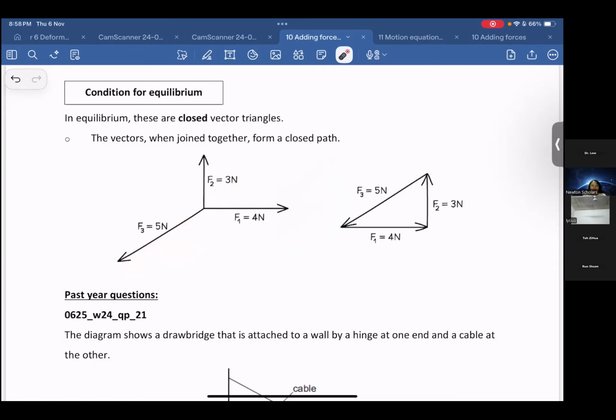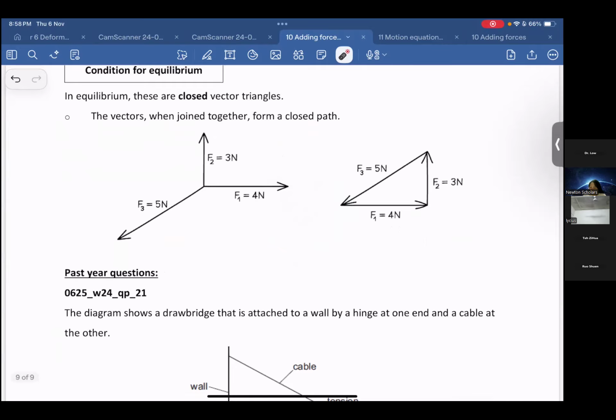If we draw the vector diagram and find out that it's able to form a closed triangle, and these three directions you cannot change. You see this one goes to the right, so goes to the right. 3 Newton goes up, so this one goes up. 5 Newton goes to the left bottom part. Okay, so if you are able to form a closed triangle, that means these three forces are in equilibrium.